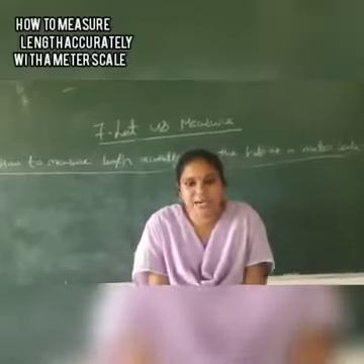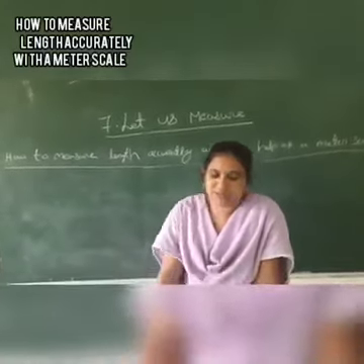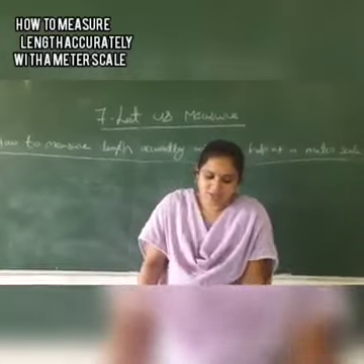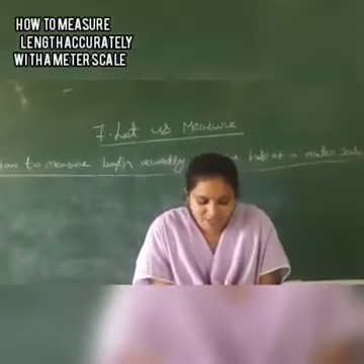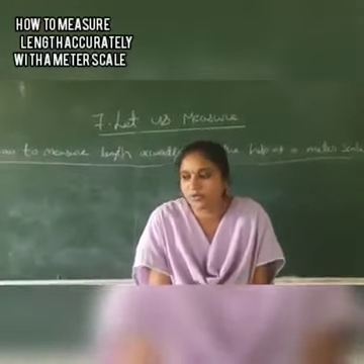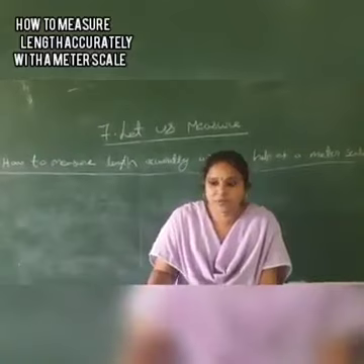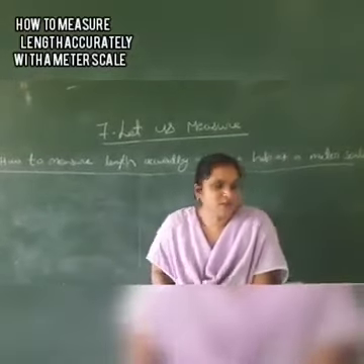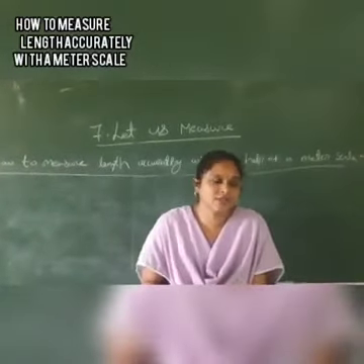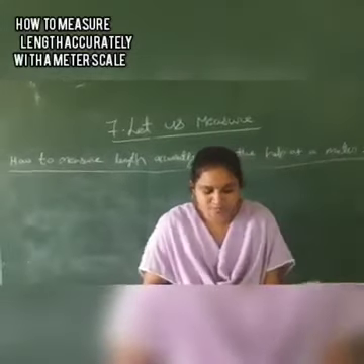See, in our routine life, we use wooden or plastic scales to measure lengths. They are marked in centimeters or millimeters, as we usually use in our class. You just observe that centimeters and millimeters are graduated on it.